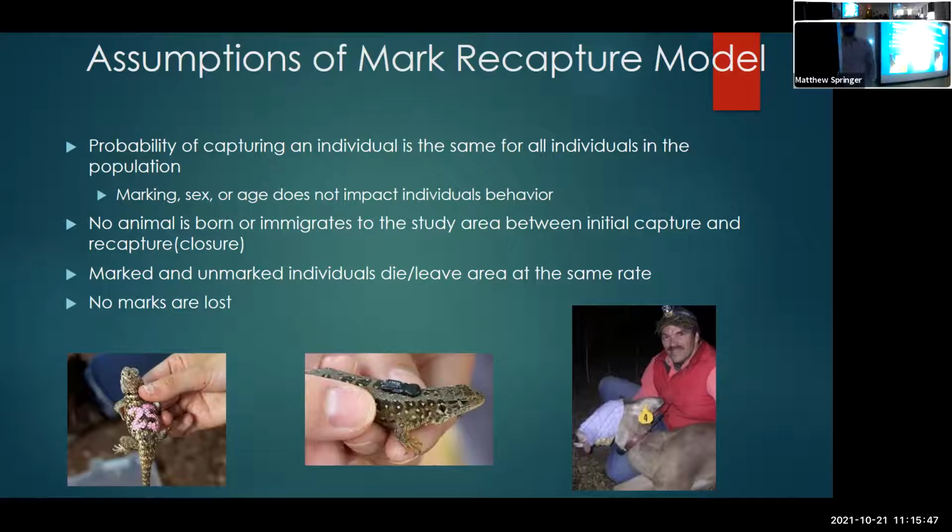There's a pretty good chance that your animal could actually die. The animal could die, right? So why do we not care about it? There are models that have an assumption of complete survival while you're catching the animals. There are advanced models that do that. But why in a simple model do we not care when we're trying to estimate a population?